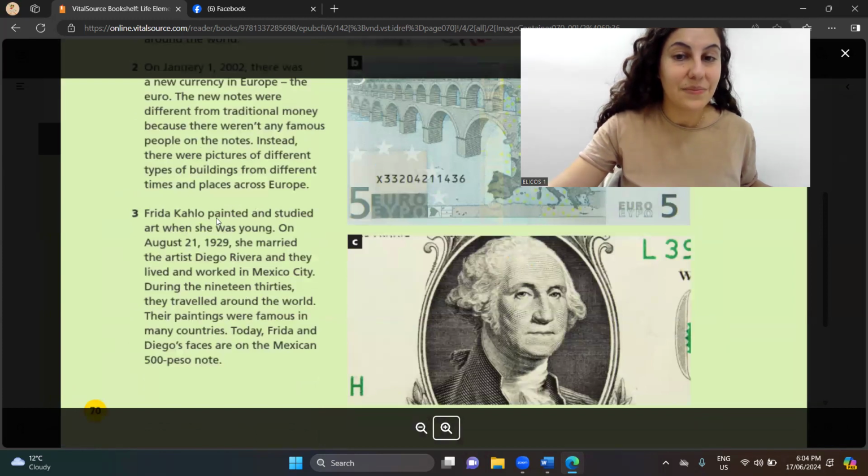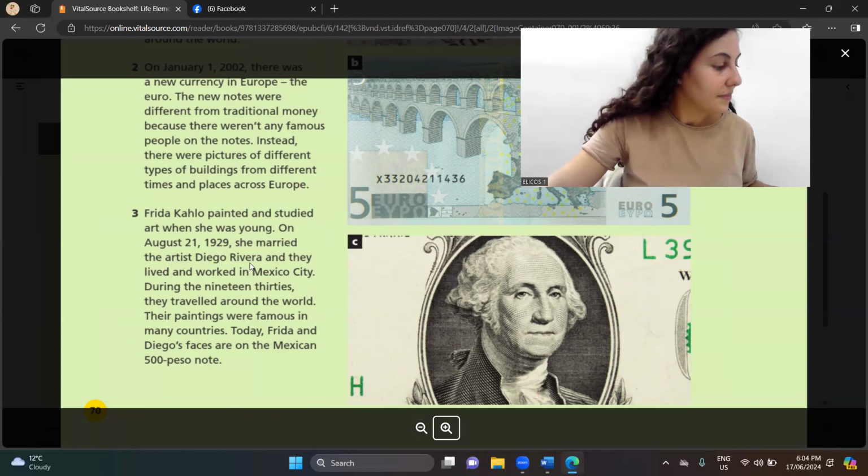Frida Kahlo painted and studied art when she was young. On August the 21st, 1929, she married the artist Diego Rivera, and they lived and worked in Mexico City.